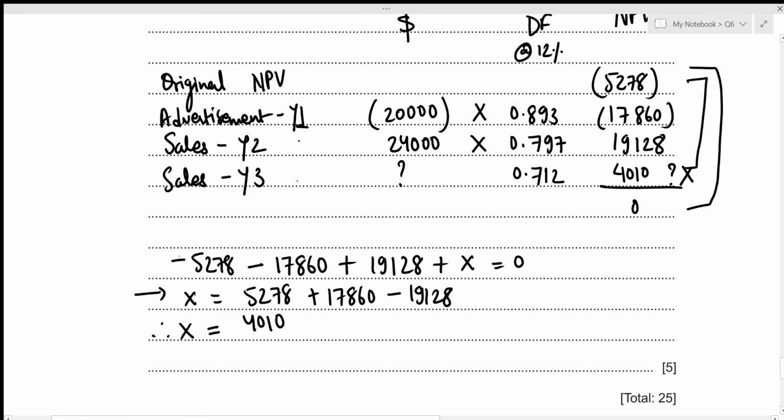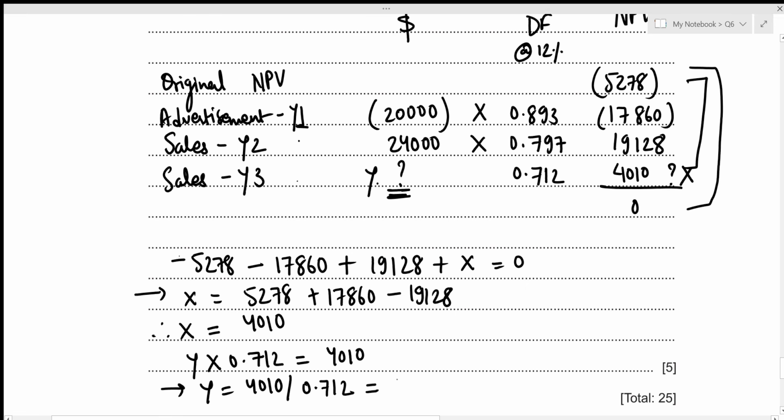So this is the particular value. Now we need to figure out this value. Let's term it as y. So what we know is that y times the discount factor 0.712 results in the value of 4,010, right? So the y is just going to be 4,010 divided by 0.712, which gives the value of y to be 5,632. So the sales increment for year 3 is just going to be 5,632. Let's write down our answer clearly.